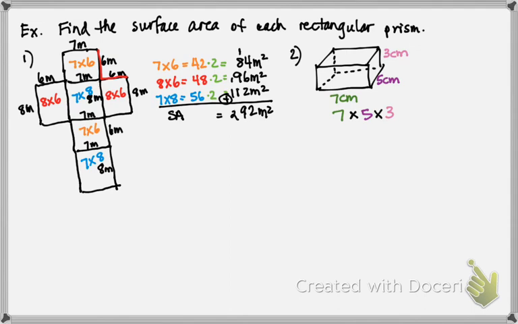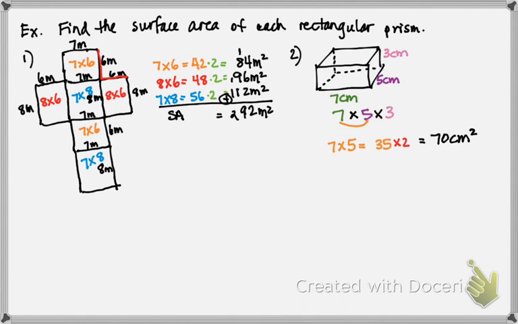Okay, first way, let's put the 7 and the 5 together. So I get 7 times 5 equals 35. But I have 2 of those. The 7 and the 5 would be the bottom and the top. And that would get me 70 square centimeters.